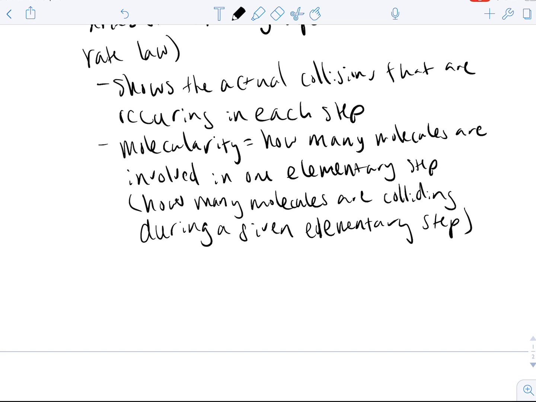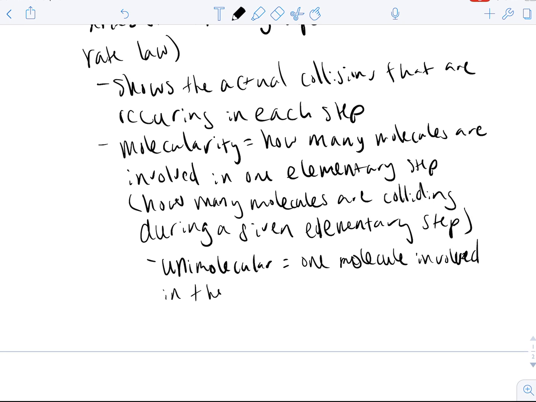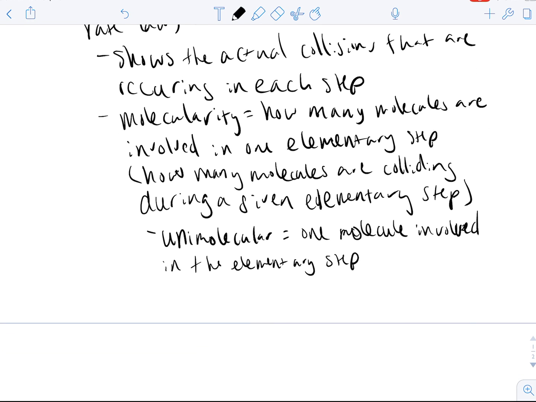We're going to look at three different molecularities. We have unimolecular. This is one molecule in the elementary step. So the rate for that would be equal to k[A]. A unimolecular elementary step is a first order elementary step.